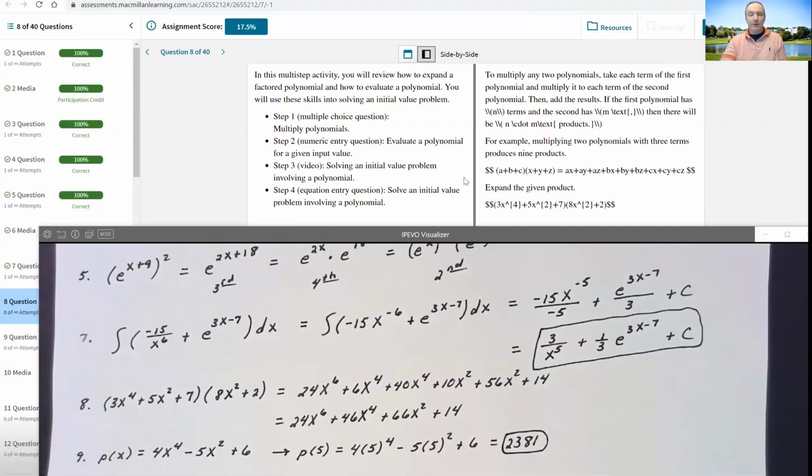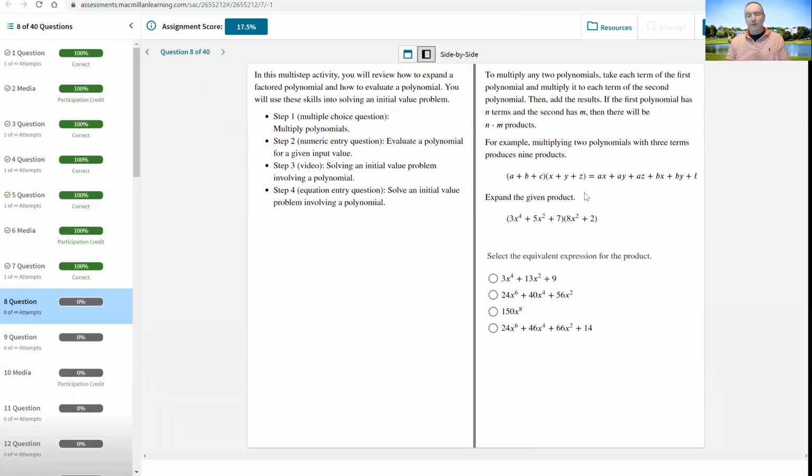Next question, number 8. Again, it's one of those that's going to have you read some stuff, and they're just talking about the distributive property of multiplication. This is going to become important whenever we have terms that you need to multiply inside the integral. You have to remember to carry out that multiplication. Do the algebra before you do the calculus.